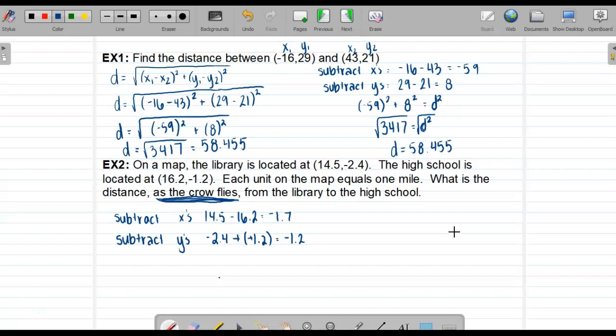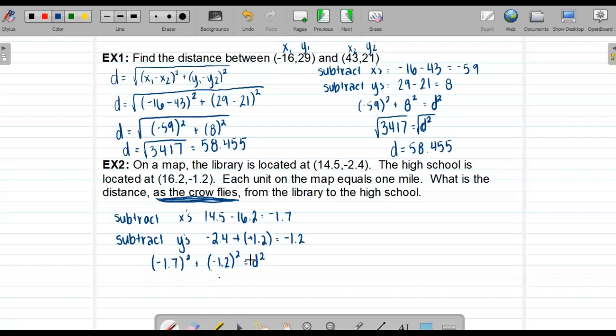So subtract x's, that gives you the horizontal part of your triangle. Subtract y's, that gives you the vertical part of your triangle. Then you're going to do Pythagorean theorem. So you'd say negative 1.7 squared plus negative 1.2 squared equals the distance squared.